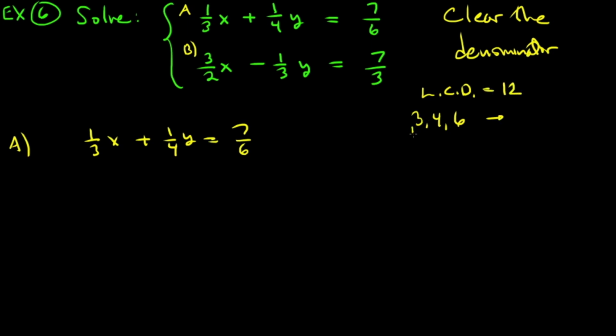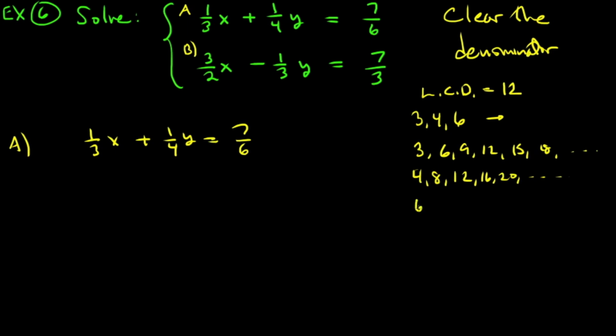Well, you could do 3 times 4, and 3 times 4 is 12. But that's not always going to work. The idea is that 12 is the least common multiple of all these numbers. The multiples of 3 are 3, 6, 9, 12, 15, 18, and so on. The multiples of 4 are 4, 8, 12, 16, 20, and so on.